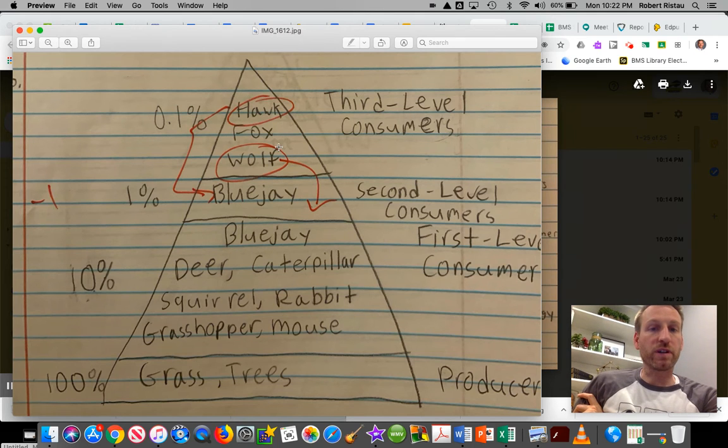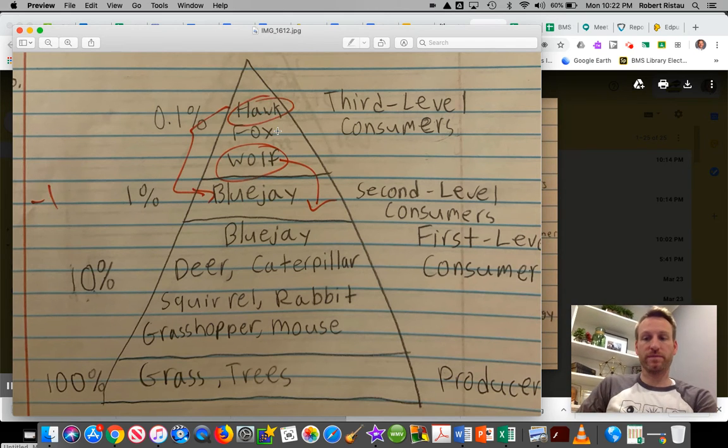The other organisms are also second level consumers. All 3 of these, if they eat anything else besides the Blue Jay. If they eat the Blue Jay, which the fox does, and the Blue Jay ate the caterpillar, then that moves the fox to the third level. Okay? So that's where some of you made some mistakes.